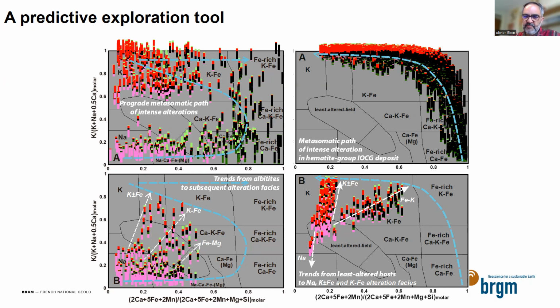Barcodes permit us to define metasomatic paths, to identify the hydrothermal alteration processes, and to observe alteration trends that do not display the complete sequence of alteration phases.